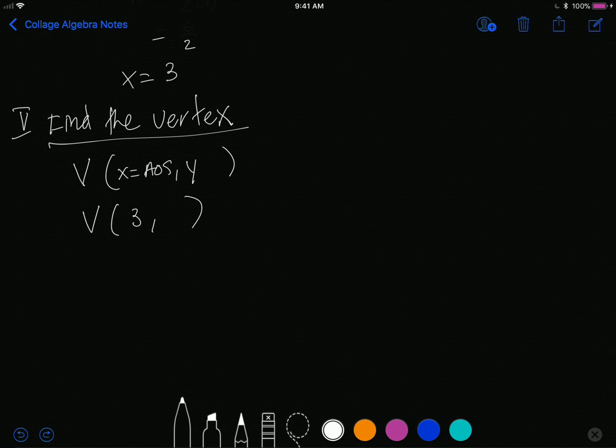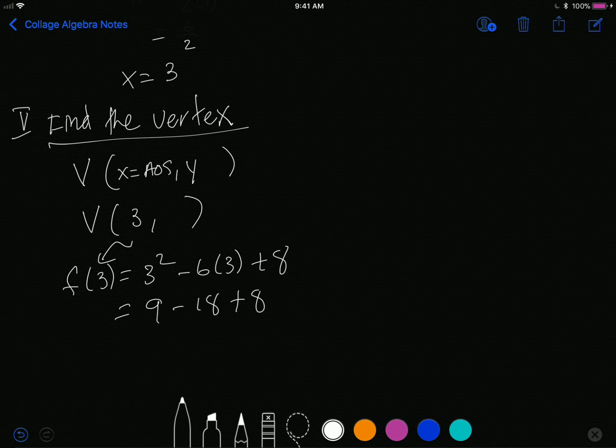I will find f of 3: plug the x value into the equation, and that's 3 squared minus 6 times 3 plus 8. That is 9 minus 18 plus 8, which equals negative 1. And so my vertex is going to be 3, negative 1.